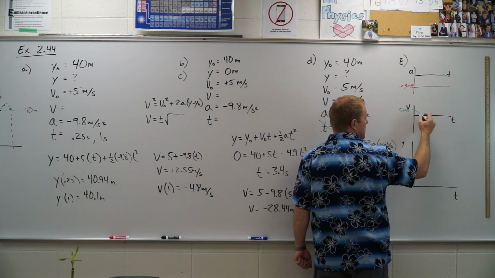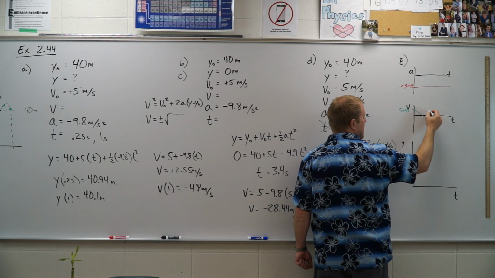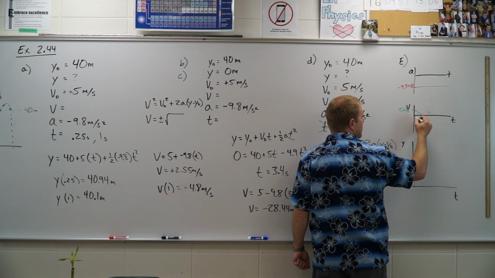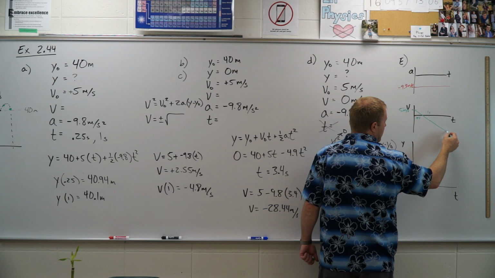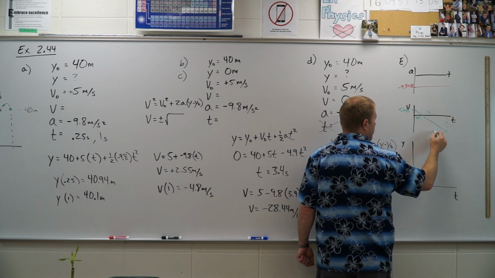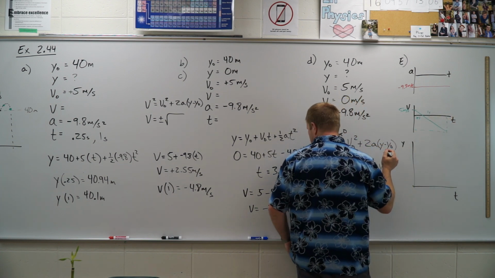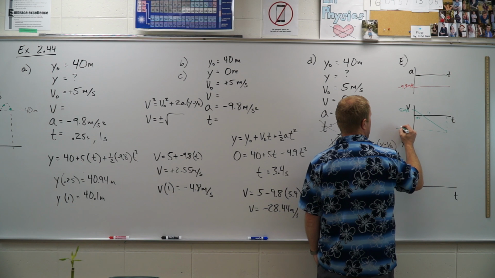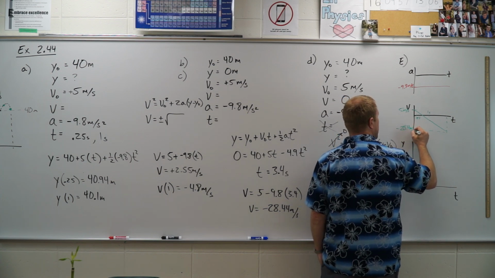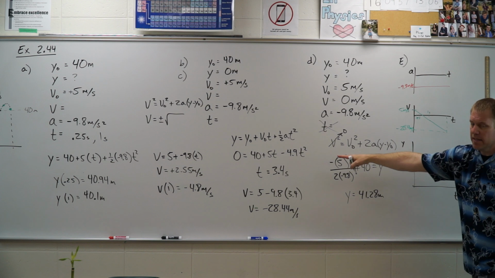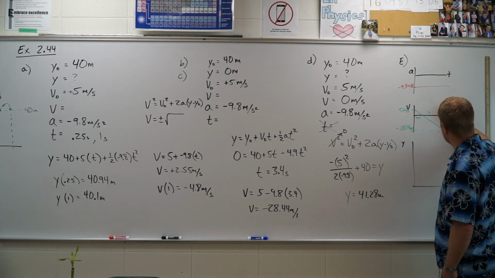Sometime in between like 1 second and 0.25 seconds, it crosses that line and it hits the ground over here, moving at a speed of negative 28.4 meters per second at a time of, and I'm getting these numbers right here, 3.4 seconds.